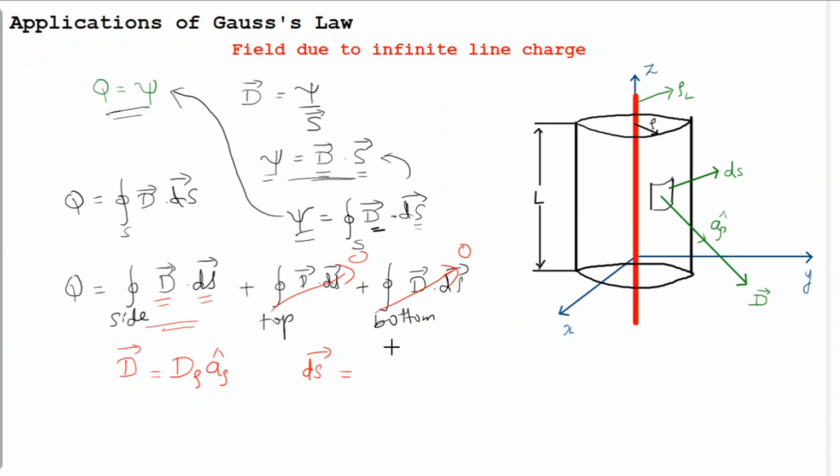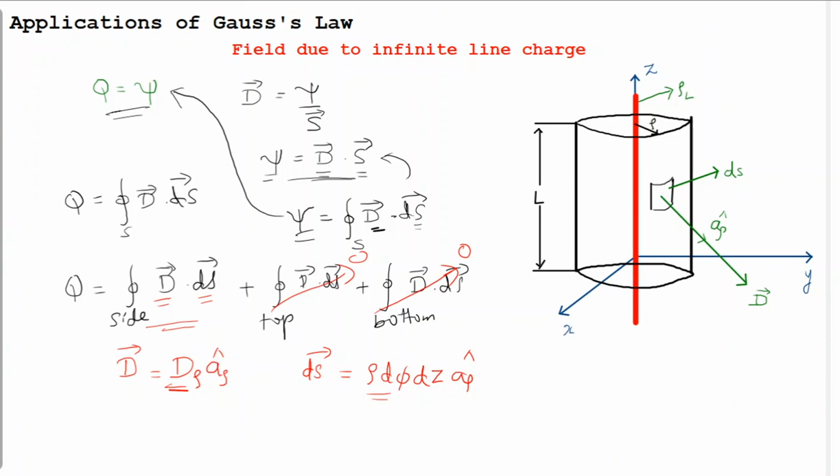As discussed earlier, the dS vector in the a rho cap direction in the cylindrical coordinate system is nothing but rho d phi dz a rho cap. So these are the general representations of the D vector and dS vector.